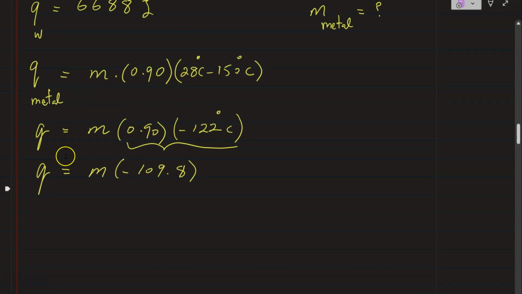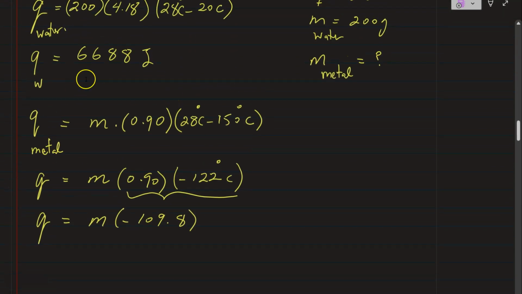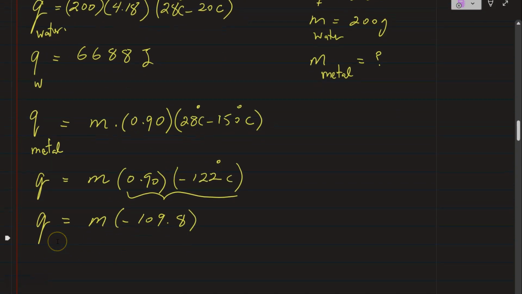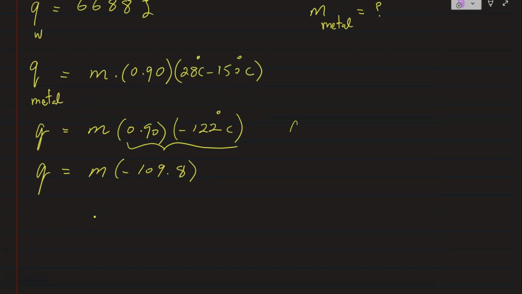Now, here's the thing. This Q of the metal must be the same as the water. The heat lost by the metal must be equal to the heat gained by water. So this is very important. Remember, Q water, which is gained, must equal Q lost of the metal.